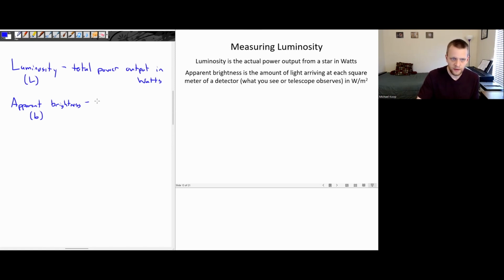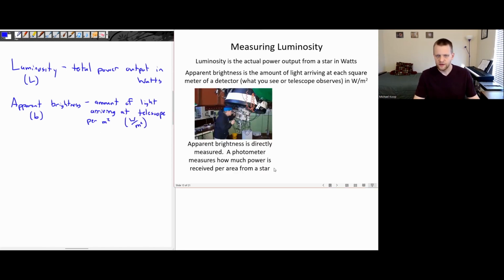The amount of light arriving at the telescope per square meter. So that's actually measured in watts per square meter. So again, apparent brightness, we can directly measure that.